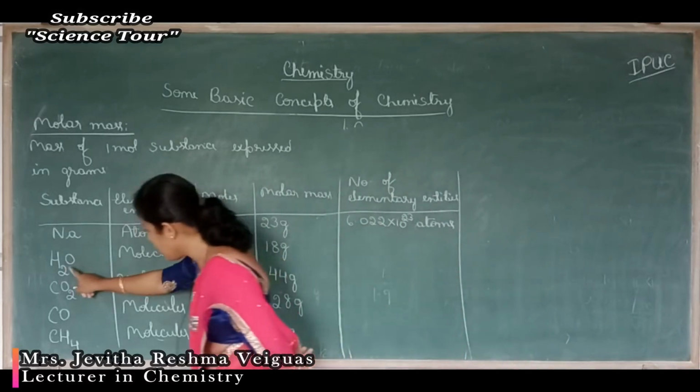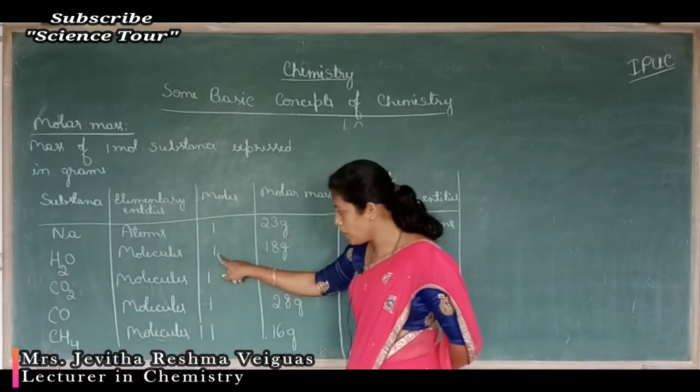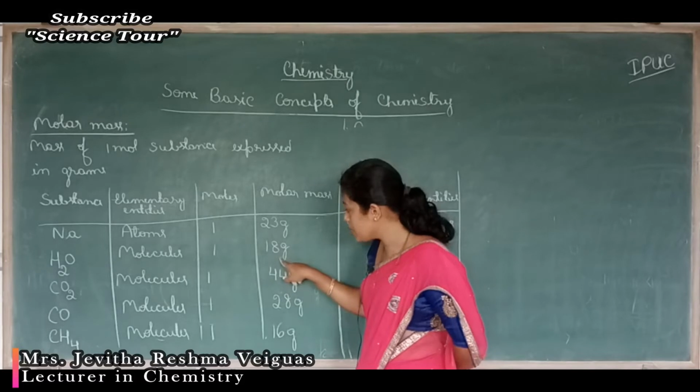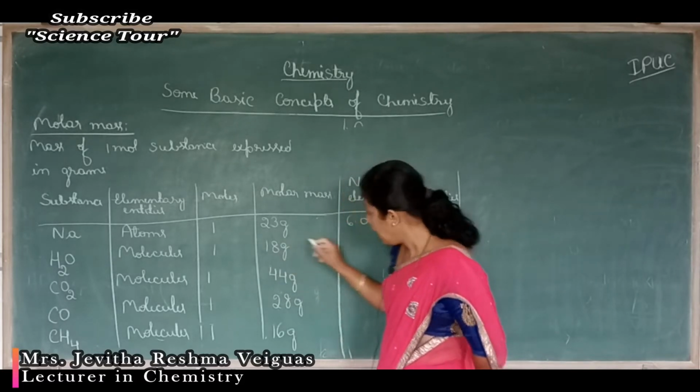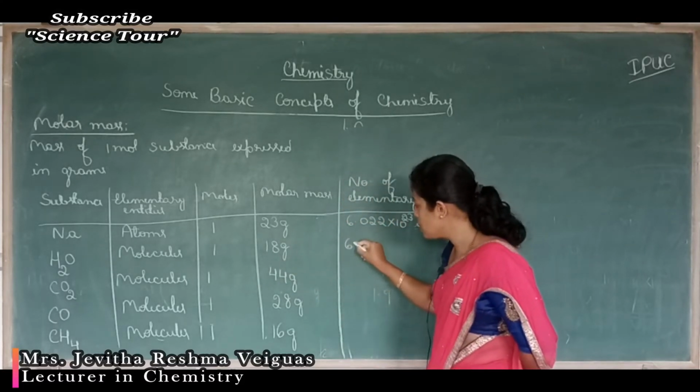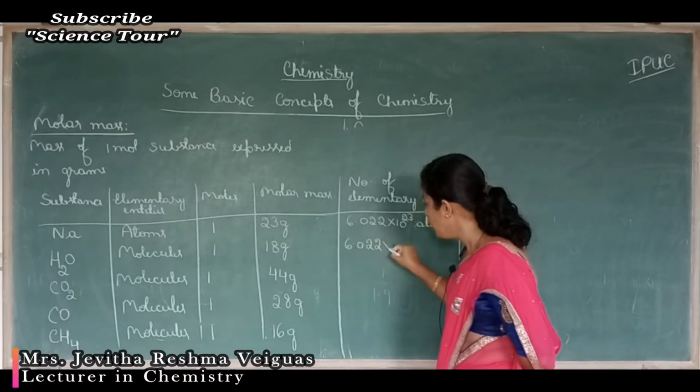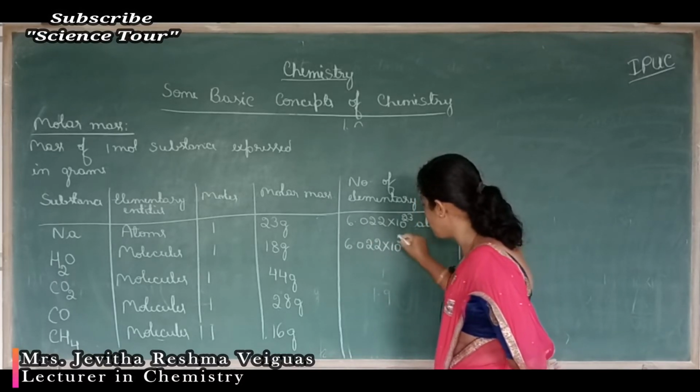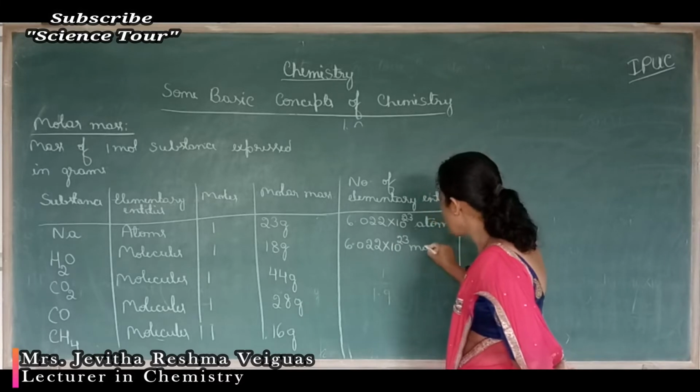Let's take the second example, water. We have considered 1 mole of water. The mass of 1 mole is 18 grams. 18 grams contains 6.022 into 10 to the power 23 molecules of water.